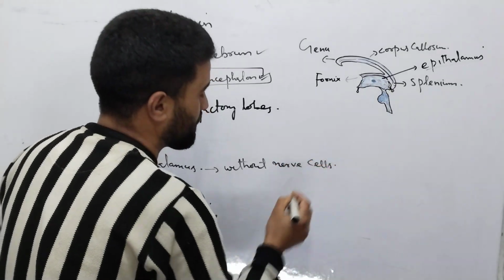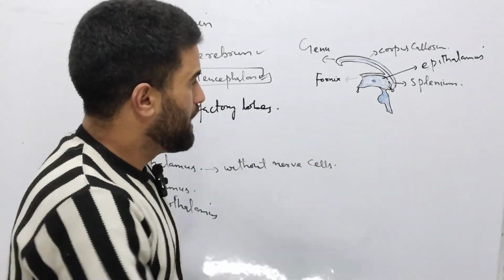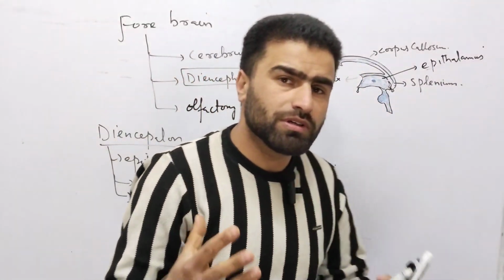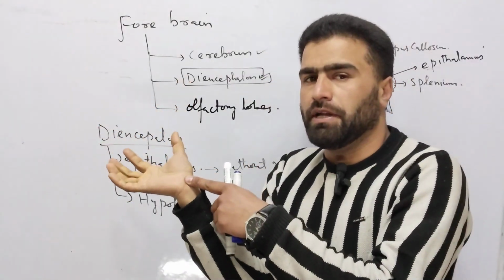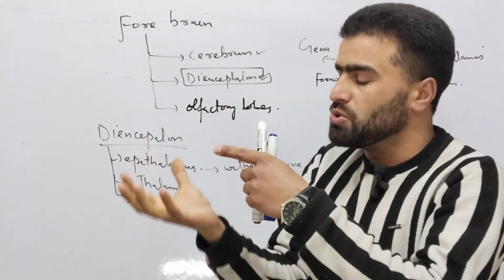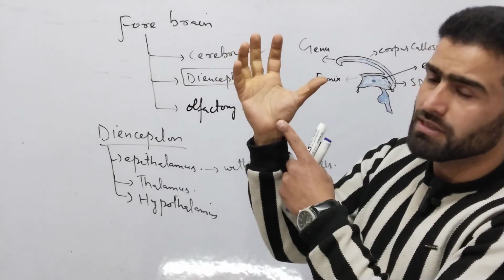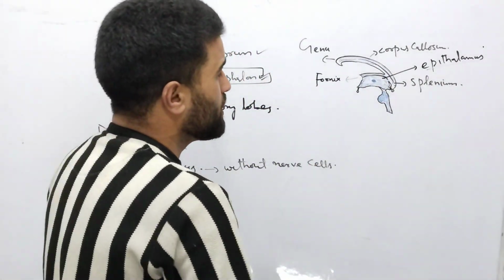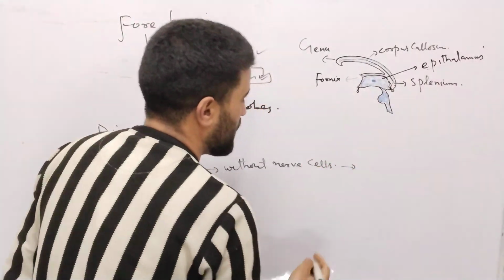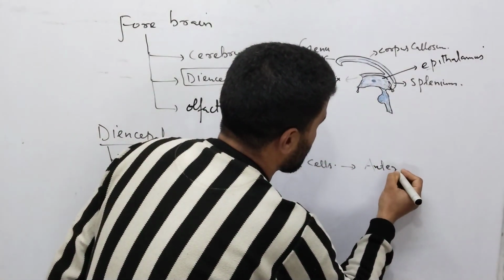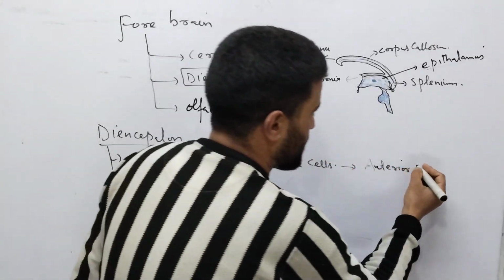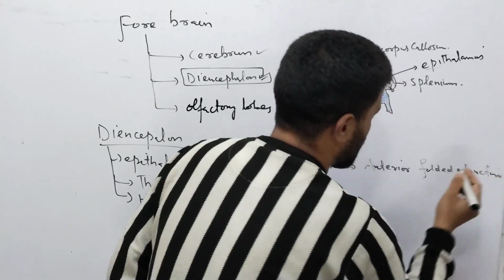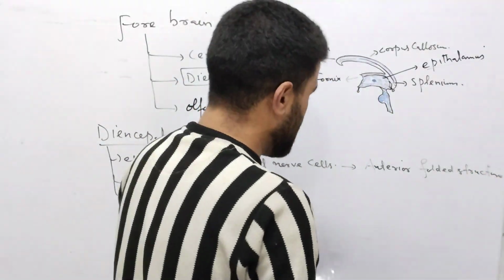There is no nerve cell present in it. And if we consider the ventral view of the brain, meaning the lower part of the brain structure, if we show it this way, the epithalamus will be disclosed like this. And in this epithalamus, we find an anterior folded structure, which is quite thin.